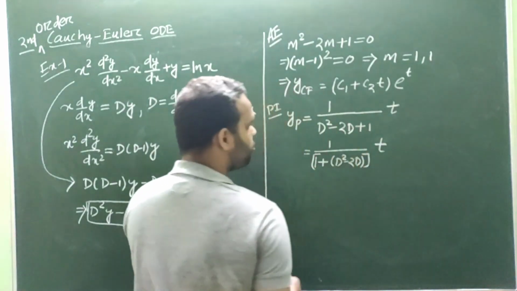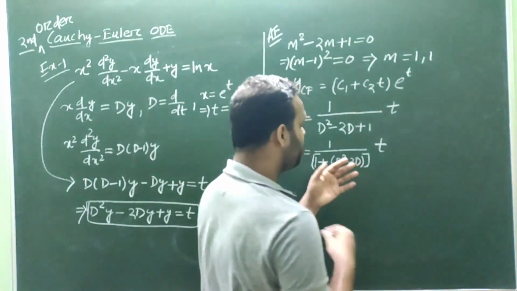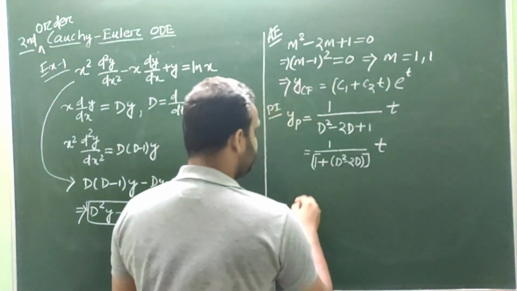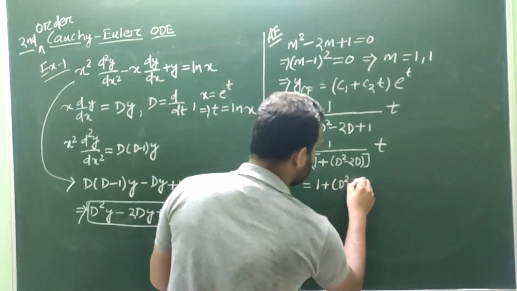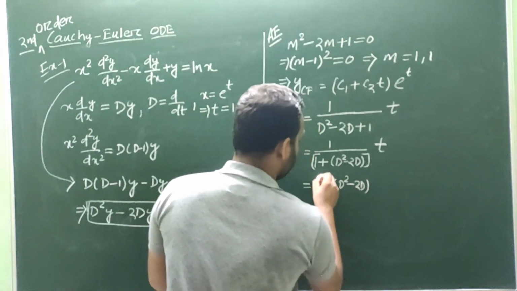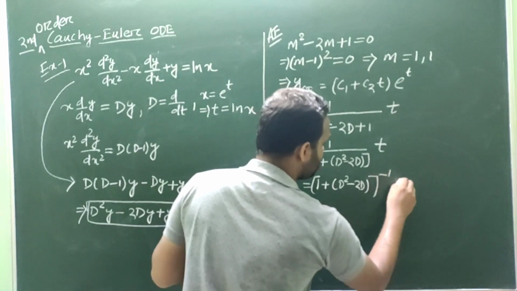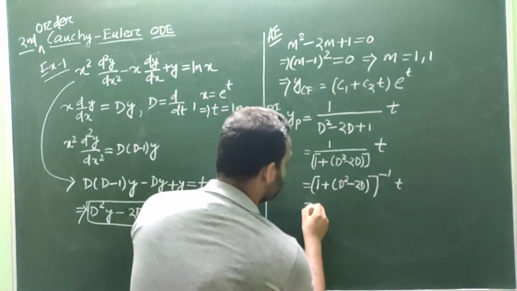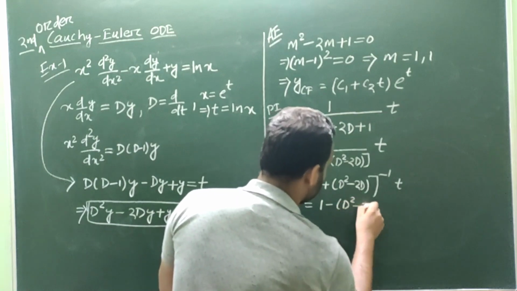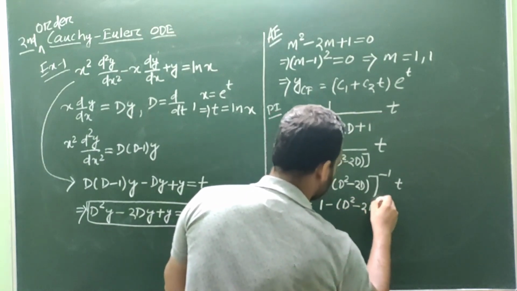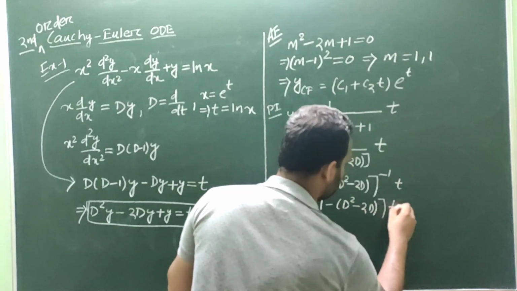Take this to the numerator so that we use the binomial theorem and convert this to an infinite series. 1 plus D square minus 2D whole power minus 1 into t. This will be 1 minus D square minus 2D of t.